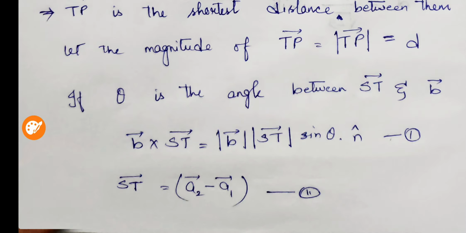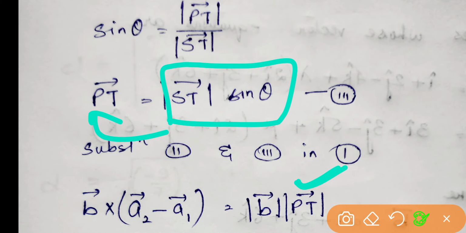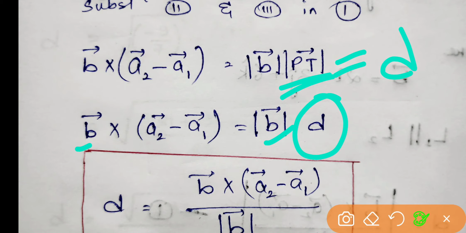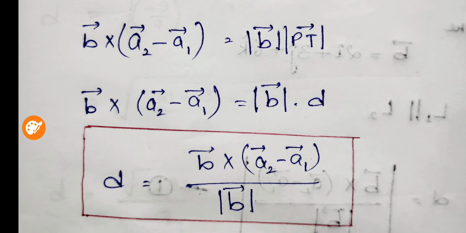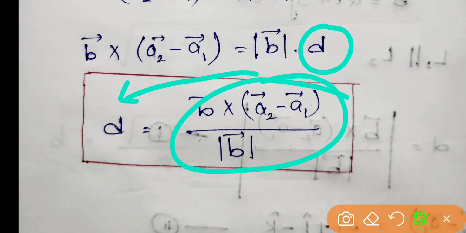ST sine theta is PT. So here I have written PT in place of ST sine theta, and B has come just like that, and n cap is 1, so we will be ignoring it. Now this is modulus of B, and I want to find this D. Magnitude of PT already we have written as D. So we substitute everything. I need to find D. B goes there, you see the formula comes out to be this. If you are copying, it will be easier to understand.